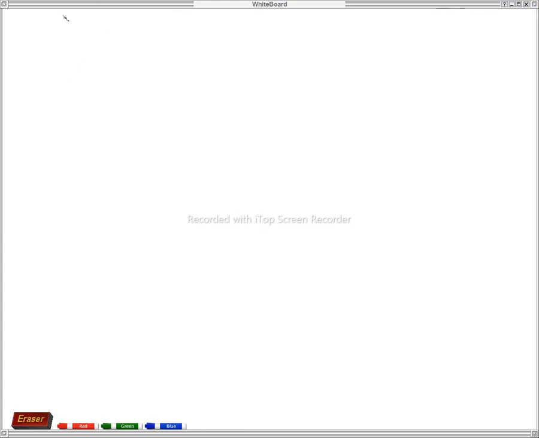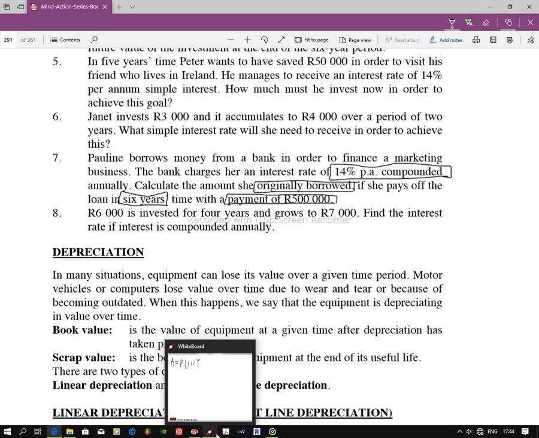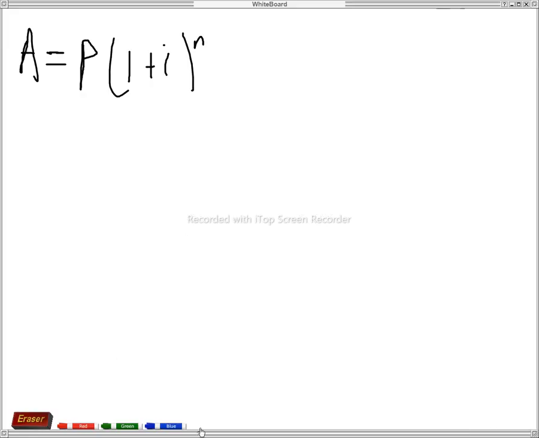They said it was compound interest there. So it's going to be A equals P into (1 plus i) to the power n, or to the exponent n. Either way, maths is maths. So we have our r as 14%.